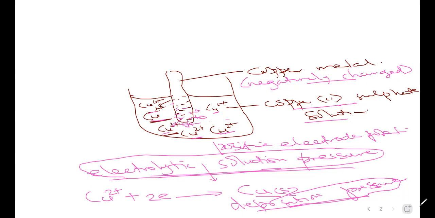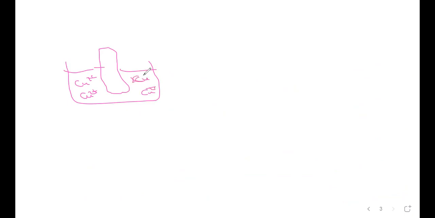I think I need to explain this in detail. I've told you what happens when you dip a metal rod in solution. The first case could be that ions dissolve from the rod into the solution. When those ions dissolve, the metal remains negatively charged. That's one case.